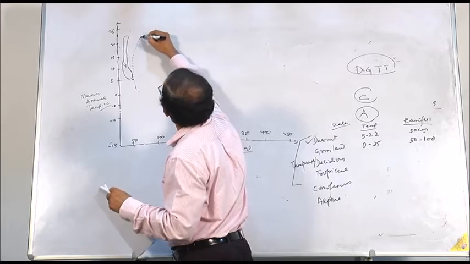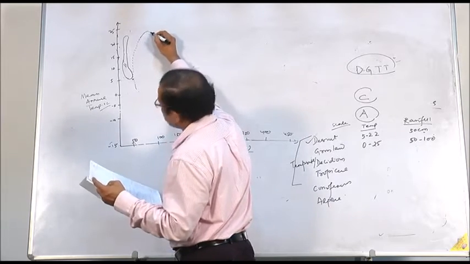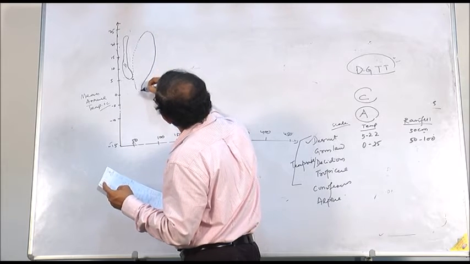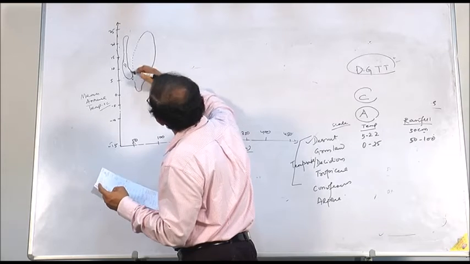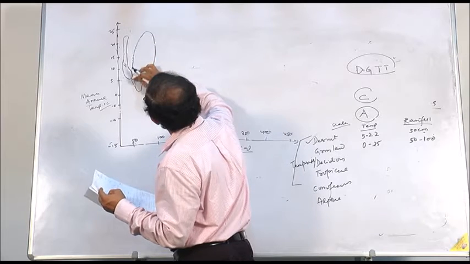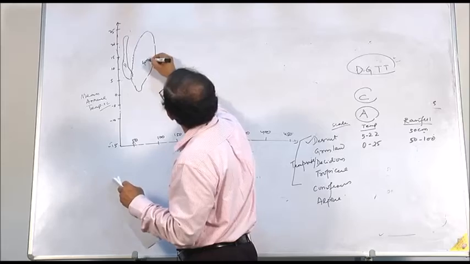It will go like this, 0 to 25. This is my grassland.